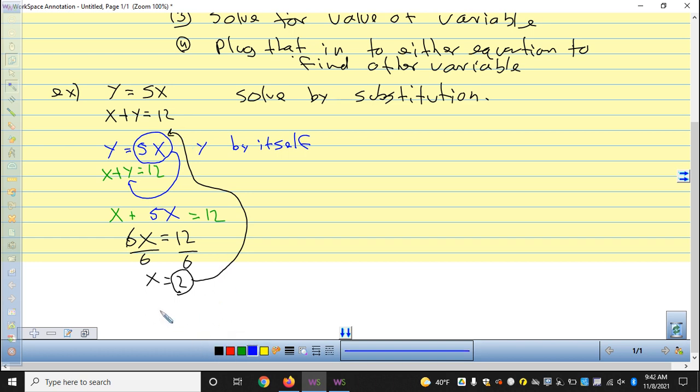When I do that, I get y equals 5 times 2, which is 10. So my solution is the point 2, 10. X equals 2, y equals 10. Yes. x plus 5x is 6x.